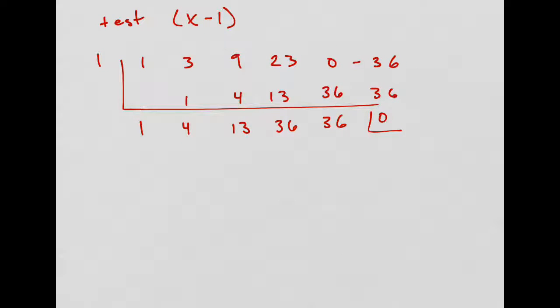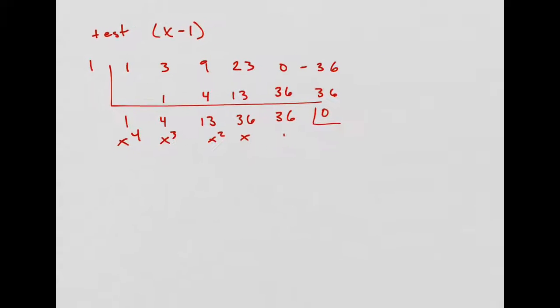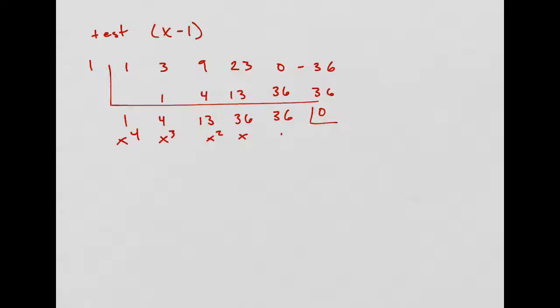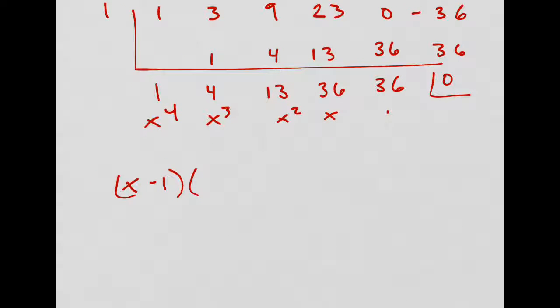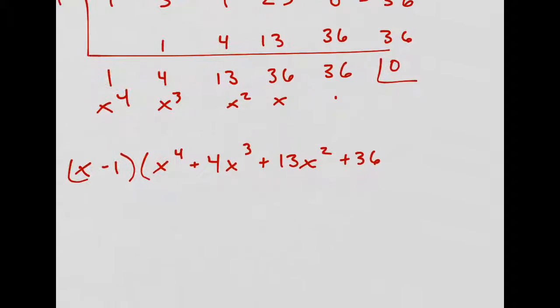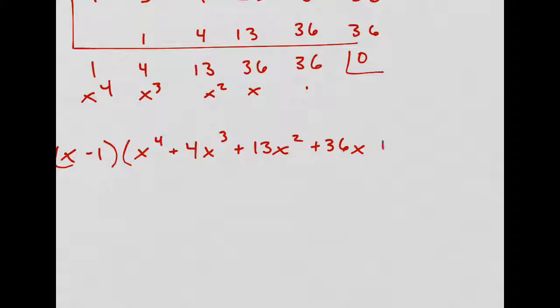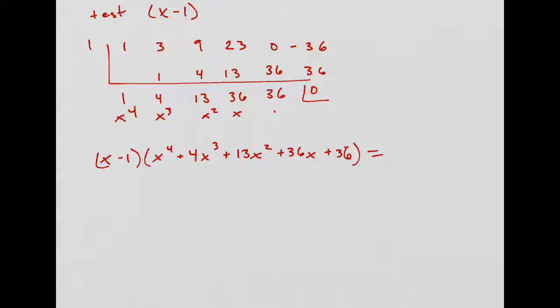Pardon the voice. And then this is the constant, the x squared, x to the third, x to the fourth terms. Sweet. And so I have x minus 1 times x to the fourth plus 4x to the third plus 13x squared plus 36x plus 36, and that's going to be equal to 0.